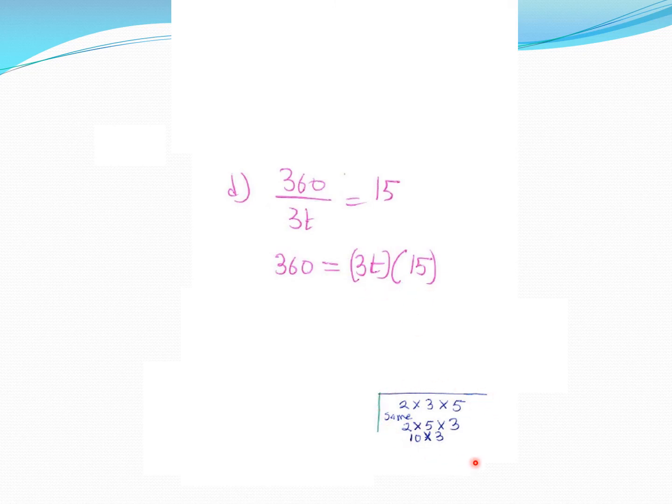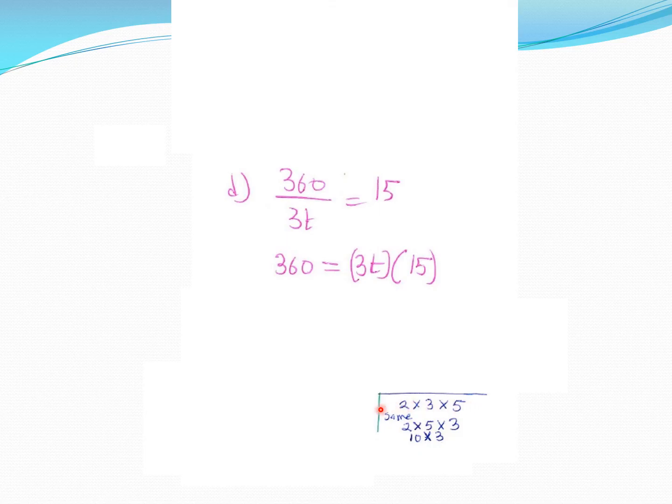Just to take you back to a thing about numbers. Here we have three things multiplied together. We have 3 times t inside that bracket, but then that's multiplied by 15. So effectively we've got three things multiplied. We have 3 times the value of t times 15. Now if you look at this number example here, this is different from up here, but it's just an example. 2 times 3 times 5.